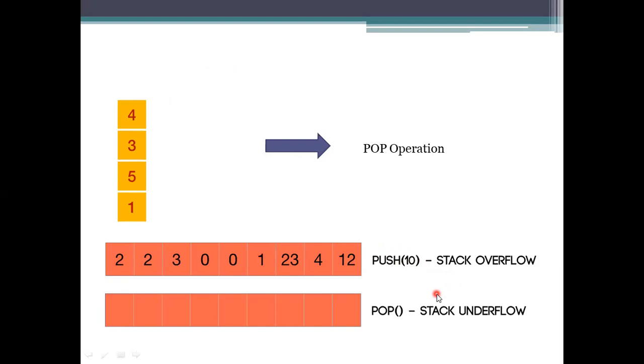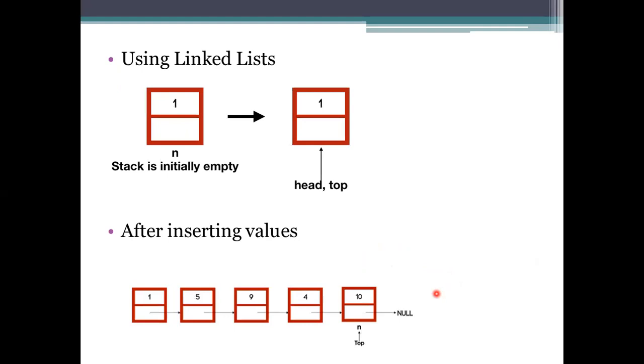How are these things handled in the linked list? See here, whenever you specify that the stack is empty, then this one will be pointed to the head, and the top will be pointed to an empty node. It won't represent any underflow here.